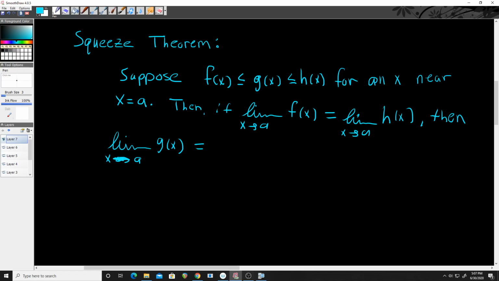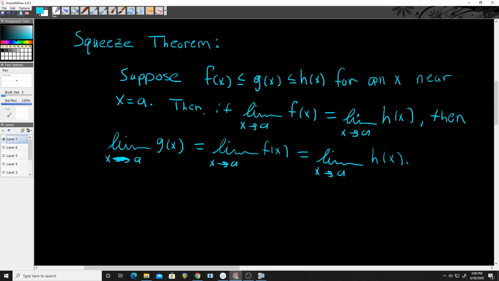Must equal the limit as x approaches a of f, which has to equal the limit as x approaches a of h.